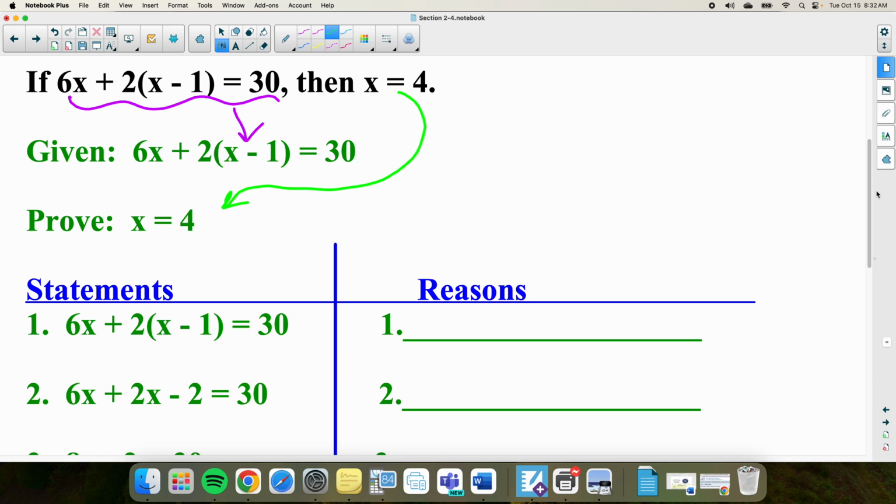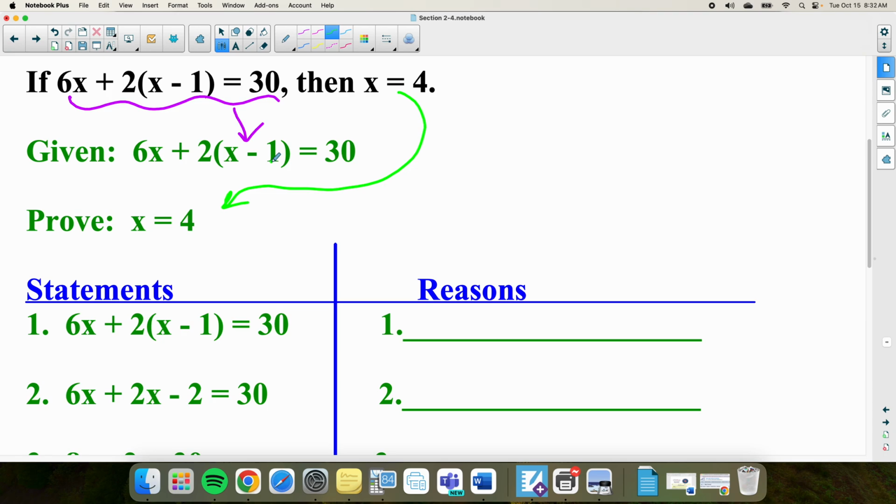Now, if you were doing this in your book, one of the things you're not going to like is that if I was doing this out of my book, even though I only have blanks here, I would have to write out the given, the prove, do my table for statements and reasons, number these and copy those down, and then number these and put my answers, okay?